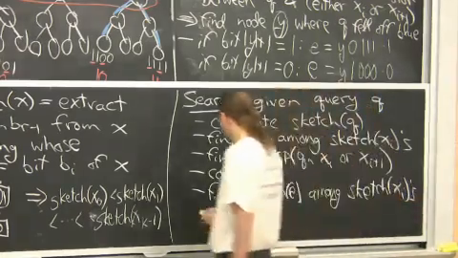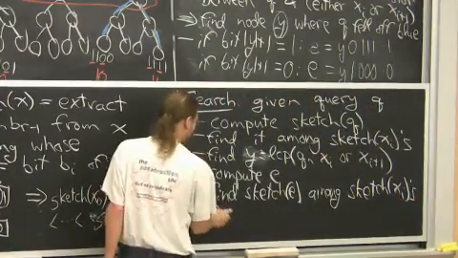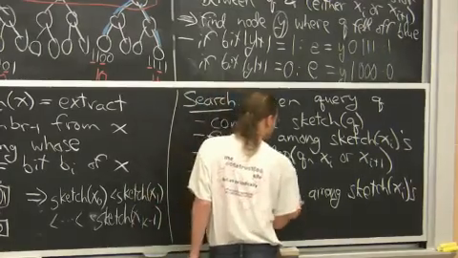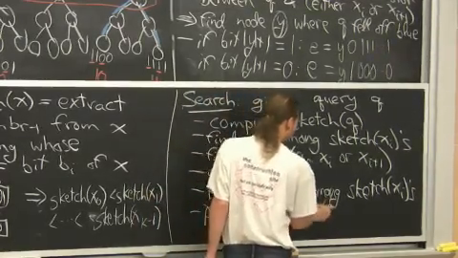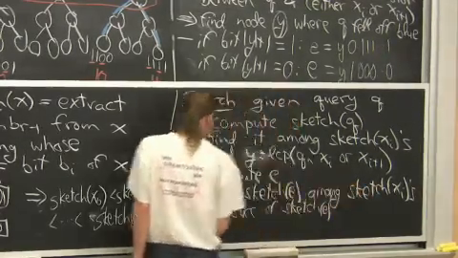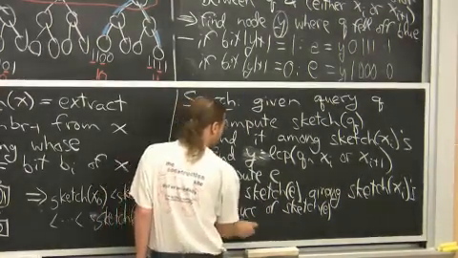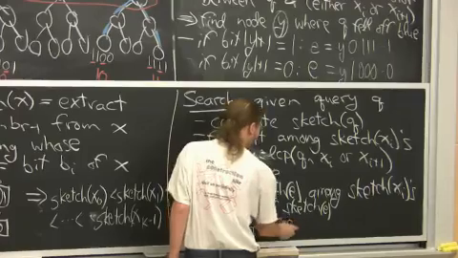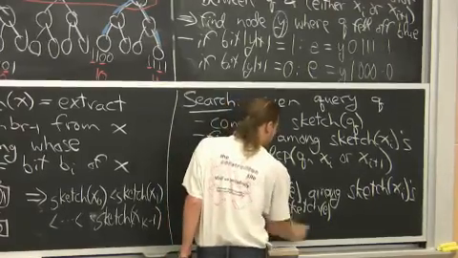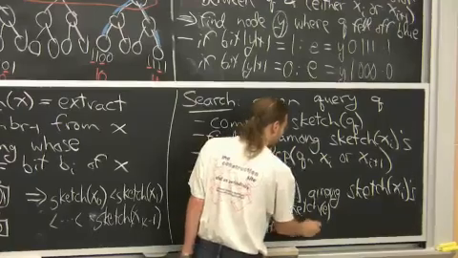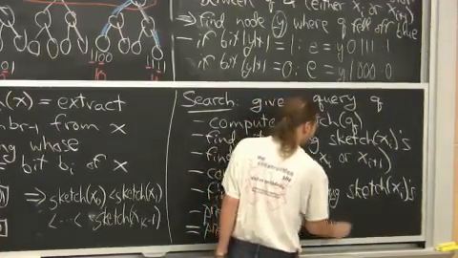And the claim is that the predecessor and successor of sketch of E among sketch of xi's equals the predecessor and successor of Q, our actual query, among the xi's.